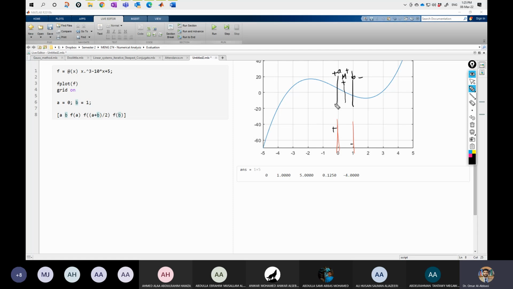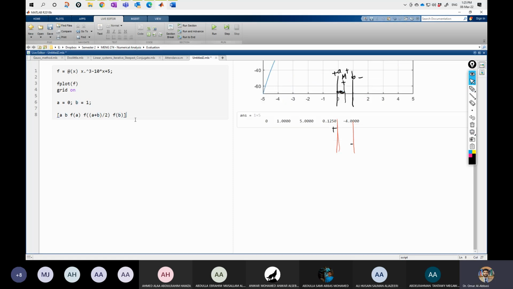So which boundary should we move? Do we have a solution here? No. Both function values are positive. Okay, so this means the new A equals A plus B divided by 2.